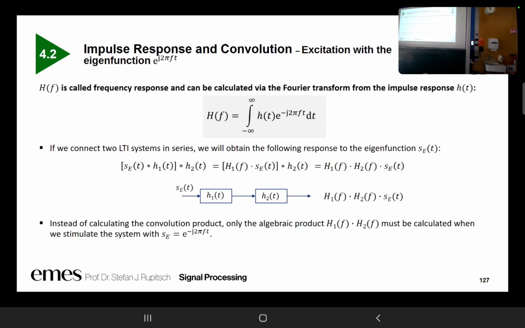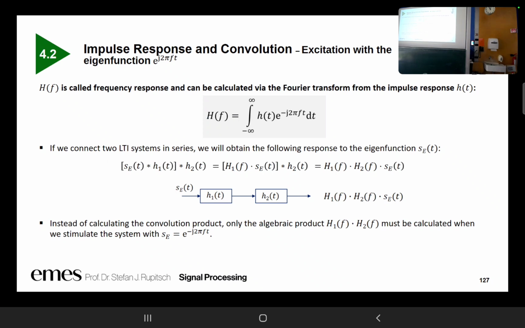But if we know the impulse response, we are also able to calculate the frequency response by performing the Fourier transform. That's the reason why we can calculate, for a harmonic signal with a single frequency, the output of the system immediately by taking a look at the frequency response at the considered frequency. I think that's pretty simple.